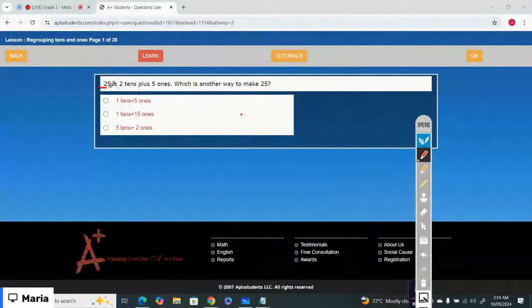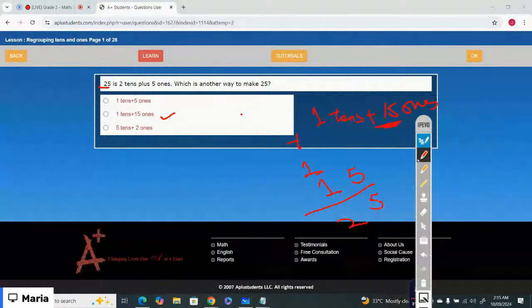Look, you need to make 25, right? The correct option is 1 tens and 15 ones. How? Look at this 15. 5 is at the ones position and 1 is at the tens position. You always add tens to tens and ones to ones. So when you add them, they make 25.